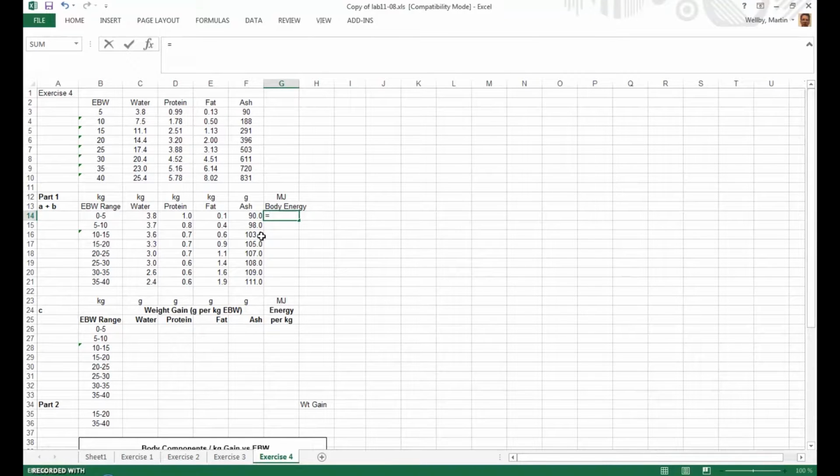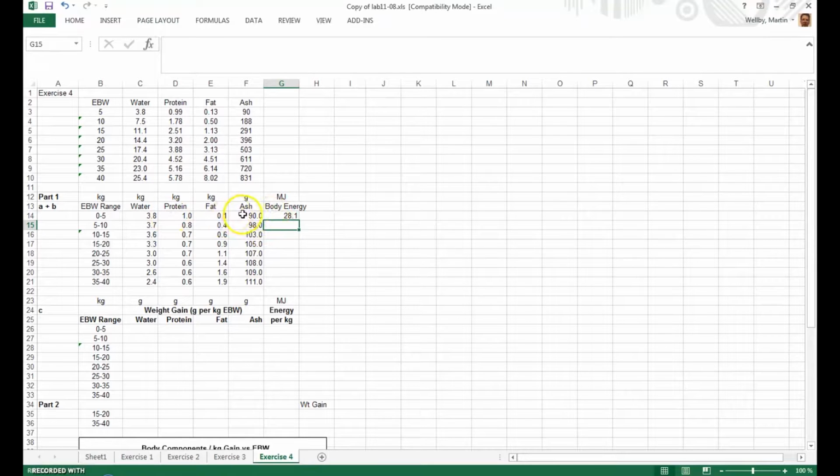So in this column here, we can say that the fat at 39.5 megajoules per kilogram times the amount of it which is there, plus the amount of protein times the energy value for protein, which is 23.2.